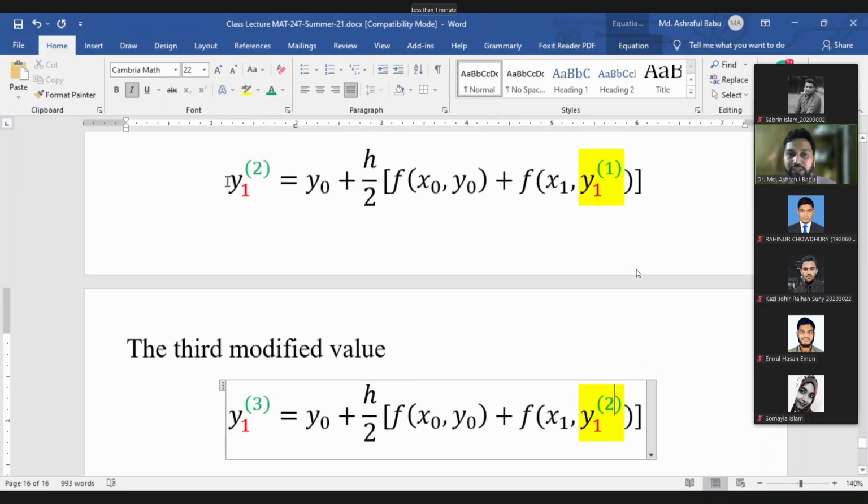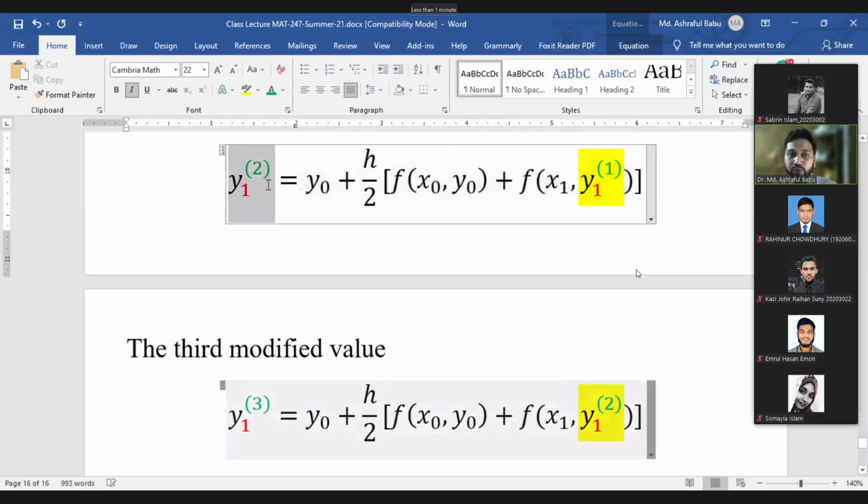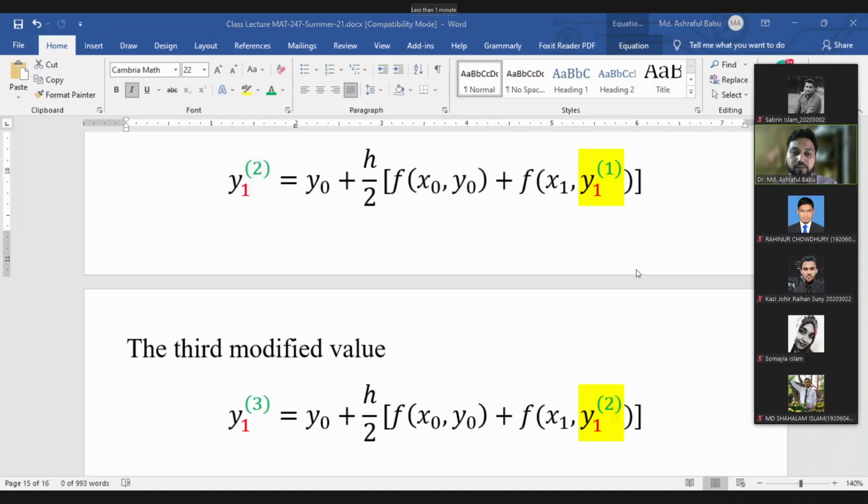So we have to use this value in the second modified value, and we use it in the third modified value. Everything will be the same. Is it clear? Yes, sir. Only the y1 value changes. Yes, and everything will be the same. And we have to continue with these things.